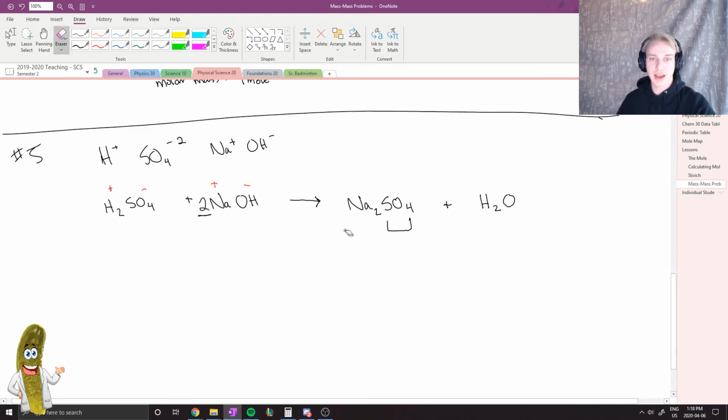The last thing that I have to balance here is my hydrogens and my oxygens. In this first compound, the H2SO4, I have 2 hydrogens. And then in the sodium hydroxide, I have 2 hydrogens as well, because this 2 applies to that oxygen and that hydrogen as a balancing coefficient. Okay?